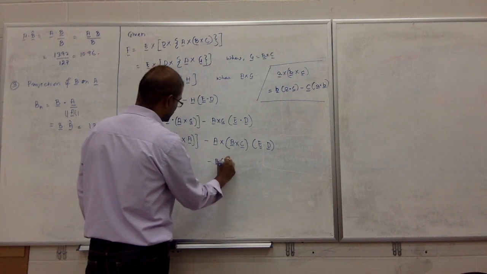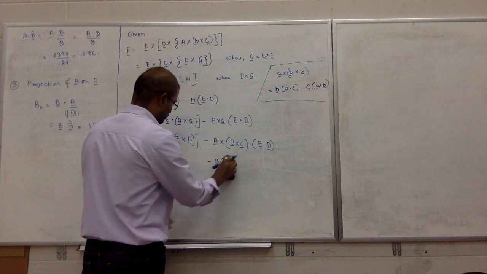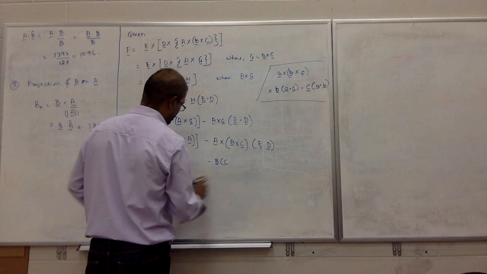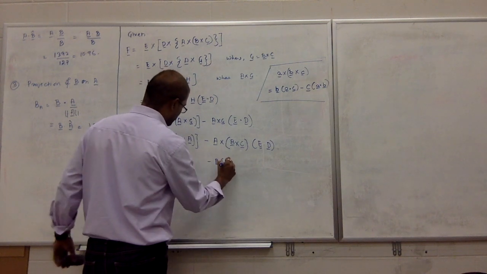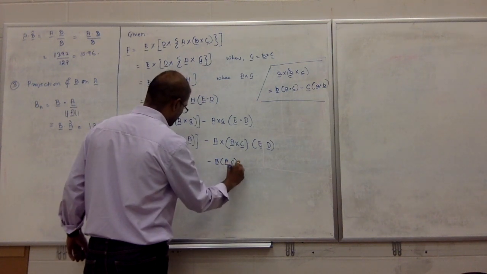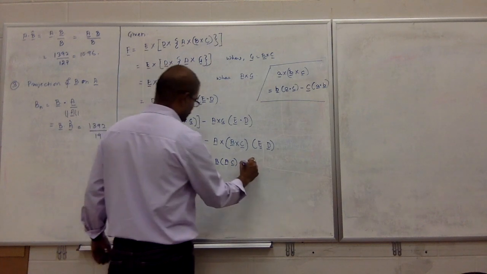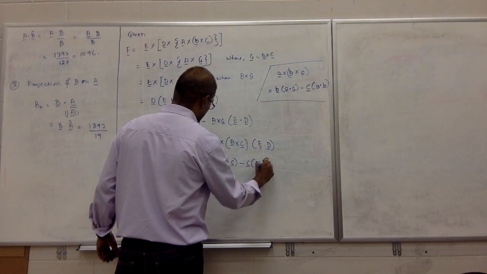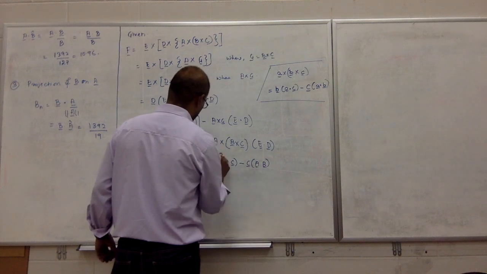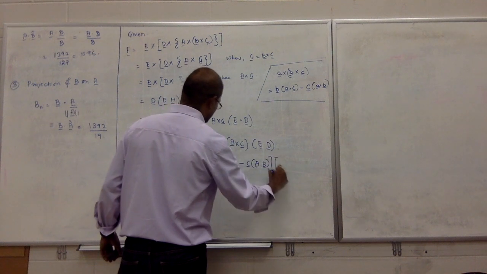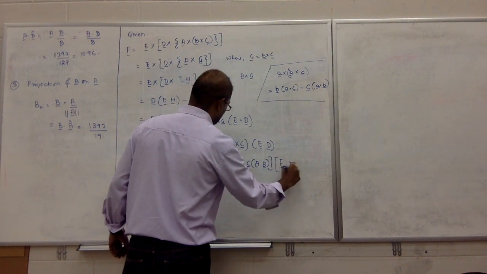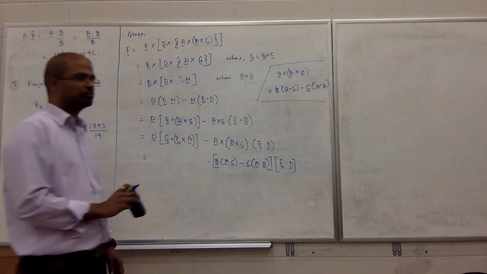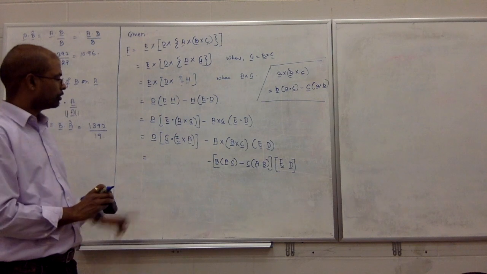B, C, BAC minus CAB, and this whole thing E dotted with E. How do you solve this?